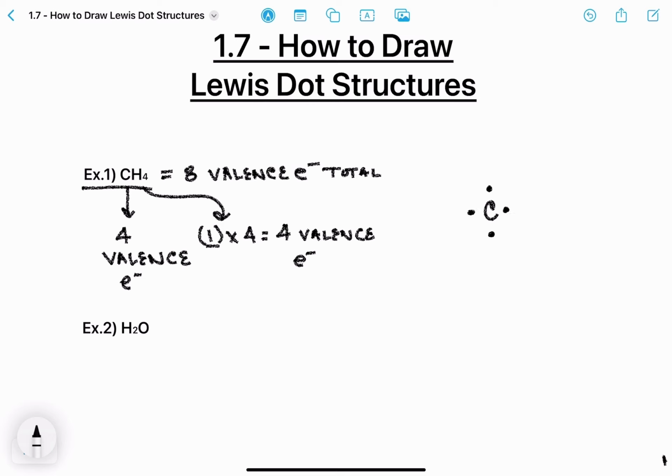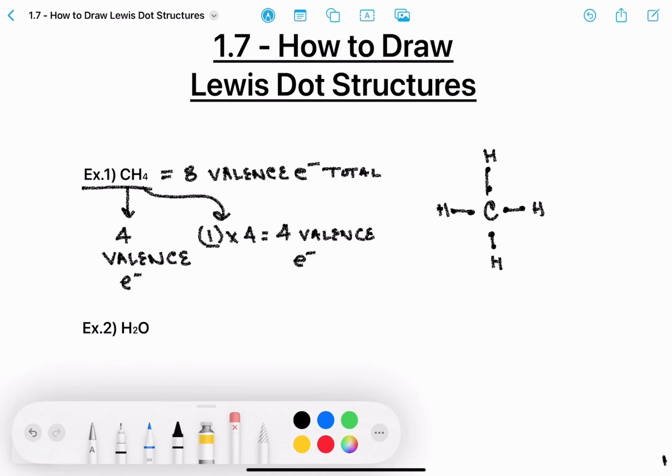Next, we're going to put the hydrogens on the outside and draw their valence electrons. So every atom has achieved its desired bonding pattern.